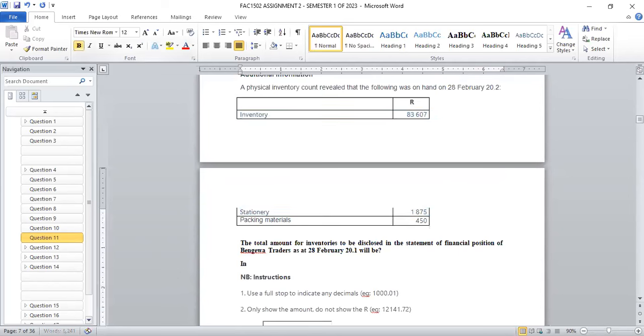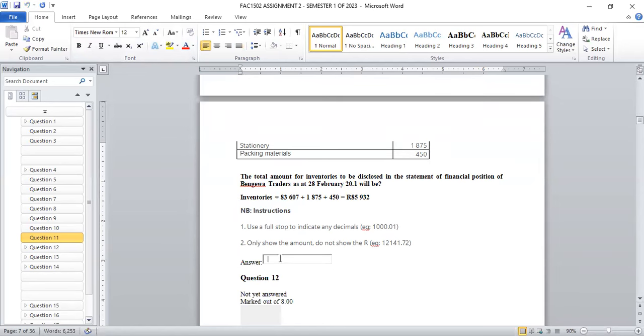So we have our inventories would be equal to 83,607 plus 1875 plus 450, which is equal to what? 85,932. So that will be right.